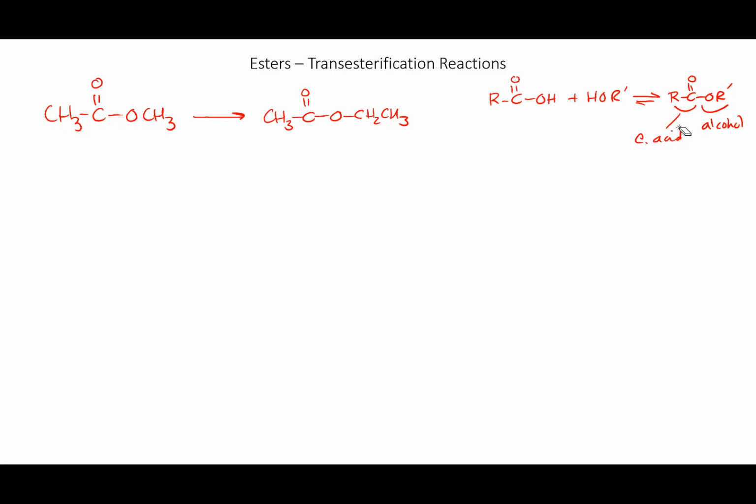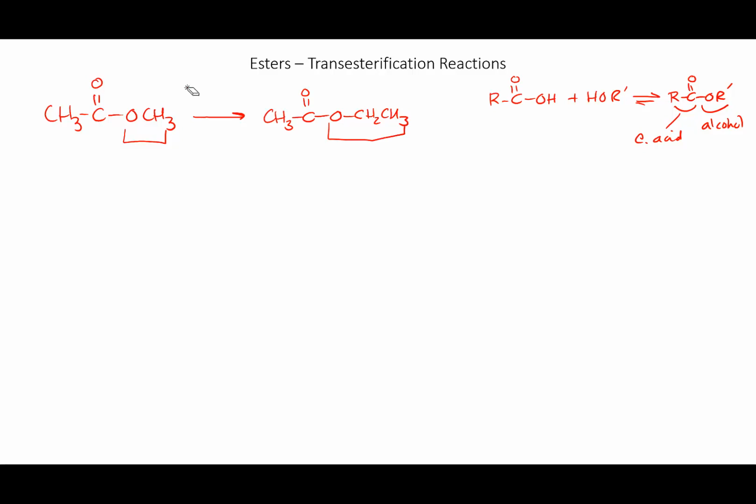So we're going to view esters as having part that came from the carboxylic acid and part that came from the alcohol. What I'm basically doing in this transesterification is replacing one alcohol part with another alcohol part.